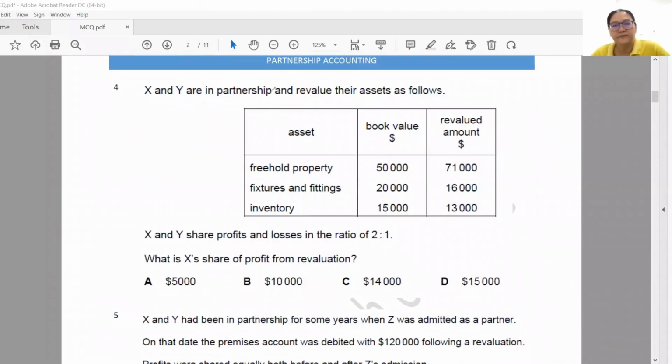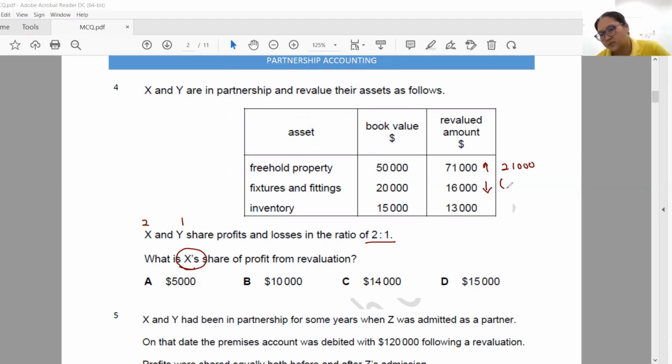X and Y are in partnership and revalue their assets as follows. They are sharing profit in the ratio 2:1. Here is 2, here is 1. So how much is X's share? First of all, the revaluation here is an increase of 21,000, 71 minus 50. But in here is a decrease.